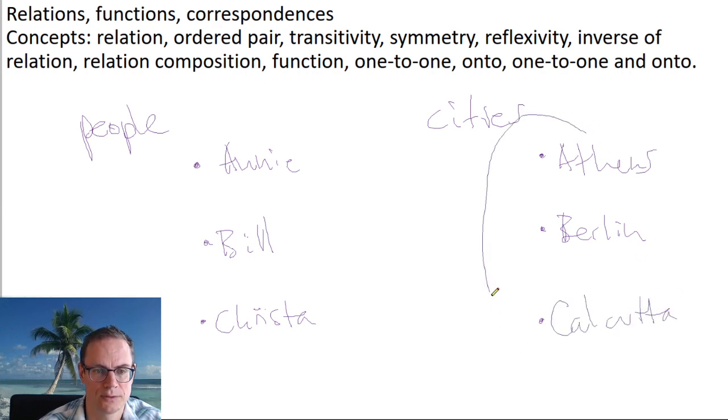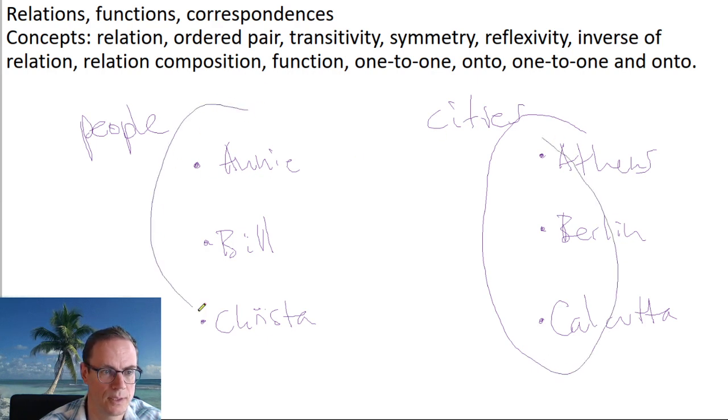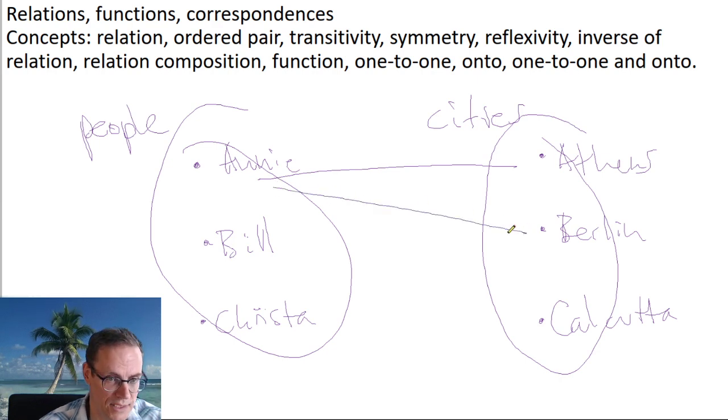All right, let's draw a little circle here and a circle there. All right, now let's draw the relation has visited. Well, maybe Annie has visited Athens. Maybe Annie has visited Berlin. And let's say that Bill has only visited Calcutta. And Krista has visited Calcutta. This is the relation has visited.